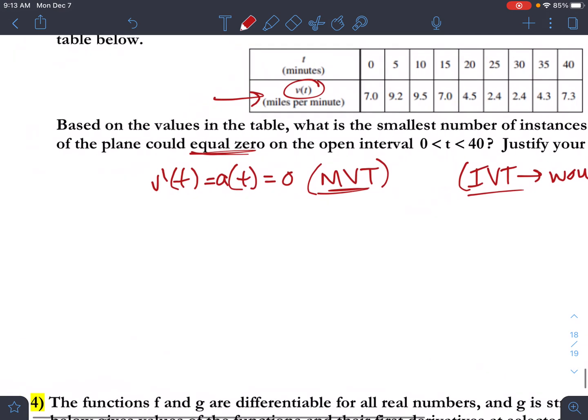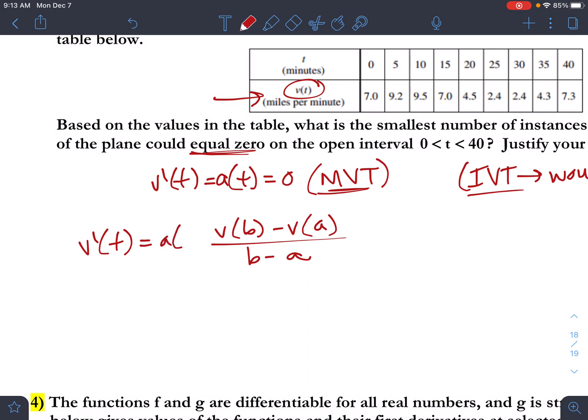What we're looking for is this exact statement, v prime of t is v of b minus v of a over b minus a. I'm just going to put that this is the same as a of t, just so we're not confused there. It is the same exact statement we've been using on this whole notes page, which is the mean value theorem.